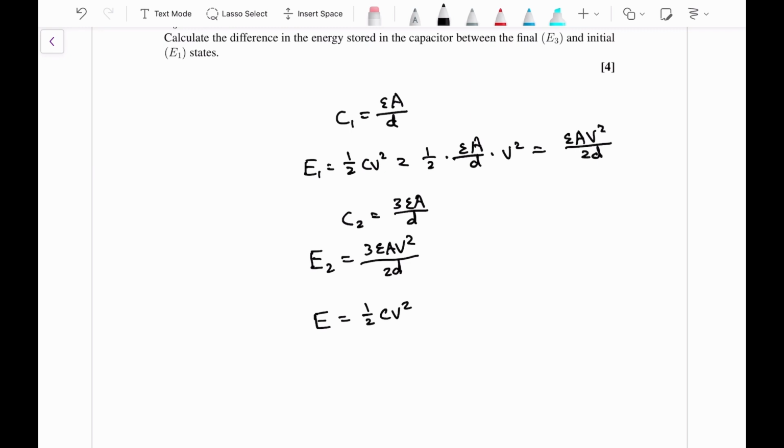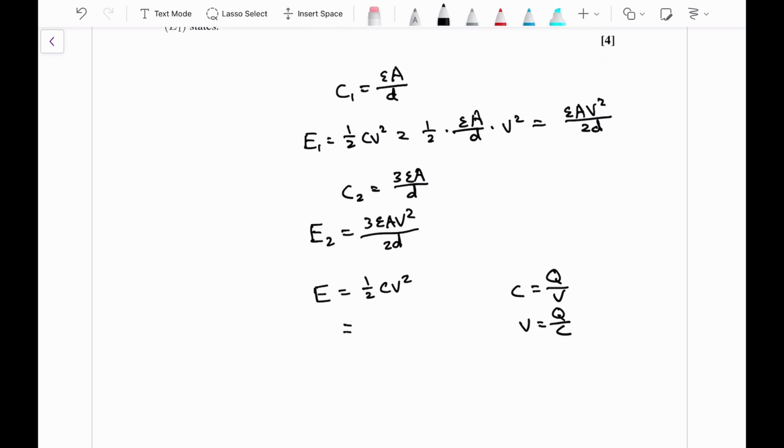Capacitance is equal to Q over V, so we can express V as Q over C. Putting this back into the equation gives Q squared over C squared, and then the C cancels out, so that will be 1 over 2 Q squared over C.